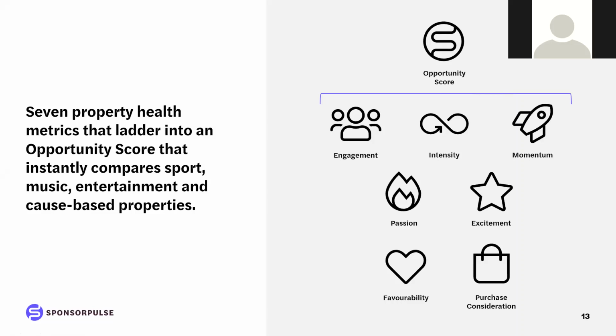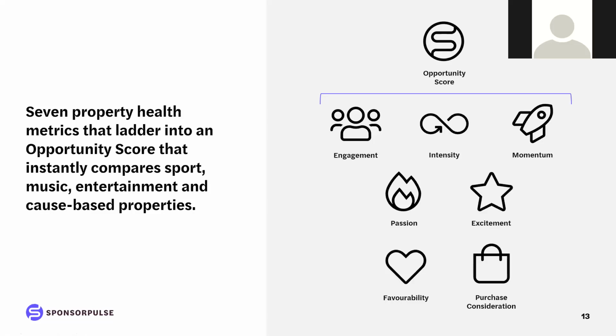So where it's getting its strength comes from the starting point of engagement, intensity, and momentum. From an engagement perspective, it's reach. Intensity is how frequently that reach happens. Momentum is how much it's growing in its reach and intensity.